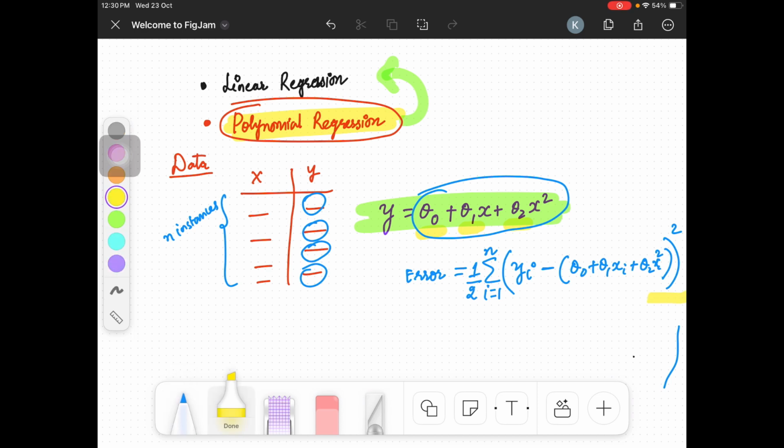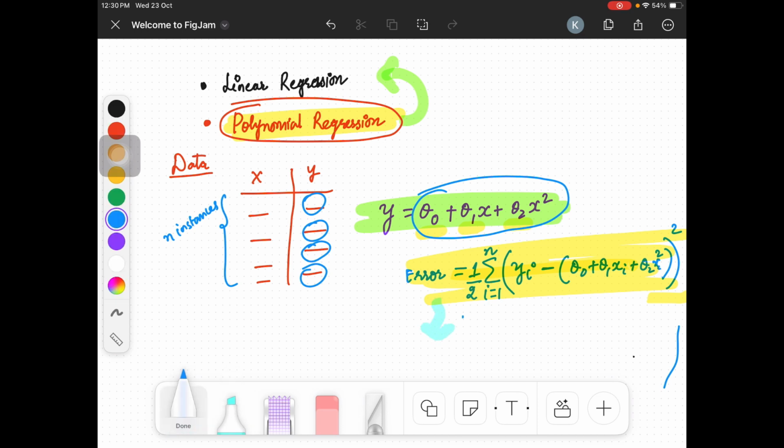What we are going to do with this error term is find the values of theta naught, theta 1 and theta 2 in such a manner that the error is minimized.